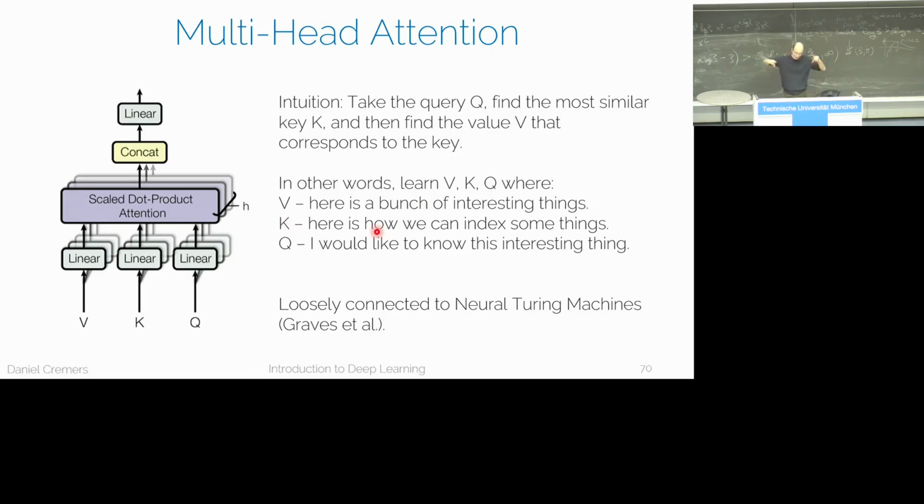And then all the other words, they will have keys, and those keys will tell you how much that word responds to this query. For example, if it's the word she, then the word girl will be a very good match to the query, right? Because it will say, yes, I specify the she.